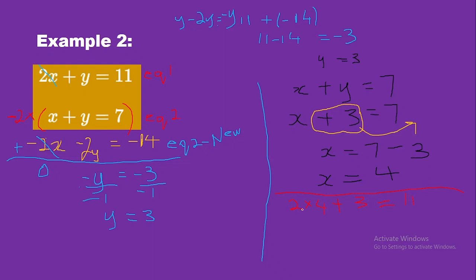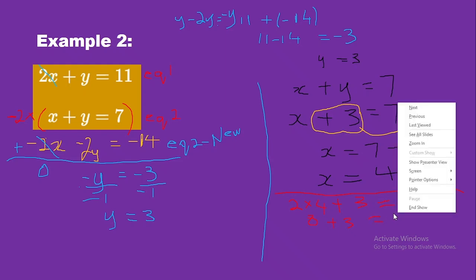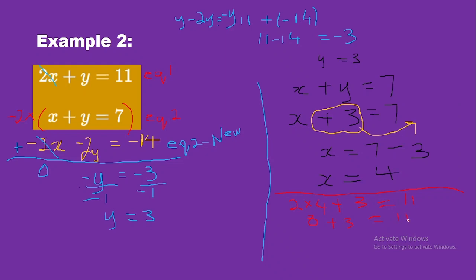Alright, let's see if we get our 11. So 2 times 4 is 8, and 8 plus 3 is equal to 11. That means that we got our answer correct.